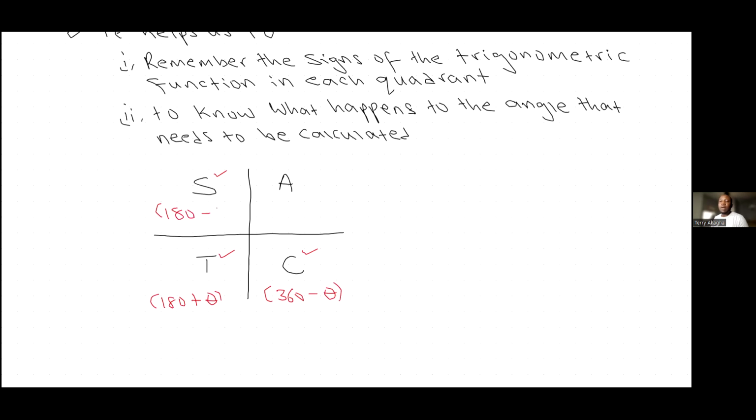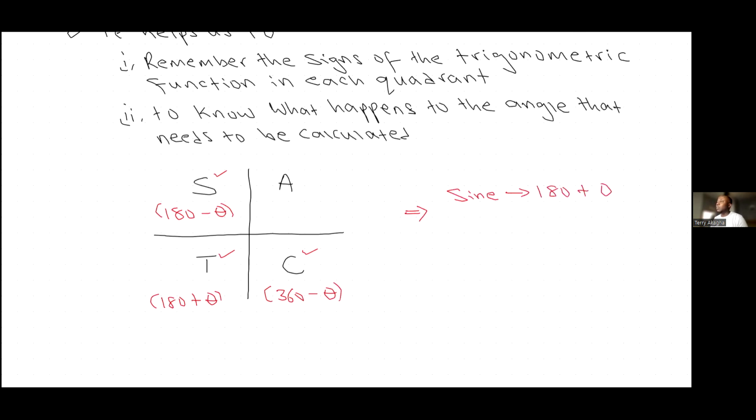I have videos where I talk about this in depth, how we derive and how we know that this is 180 minus theta. But I'm not going to go straight into that because I'm just giving an overview in this video. So basically what I'm trying to say here is that for sine of an angle, the second angle that will be positive is going to be 180 plus theta.